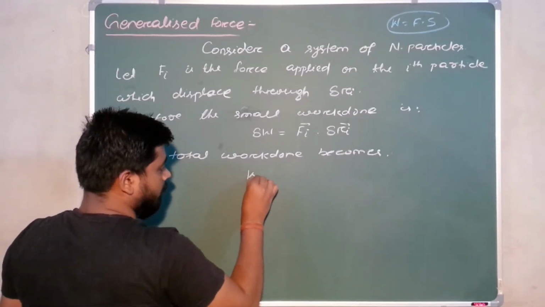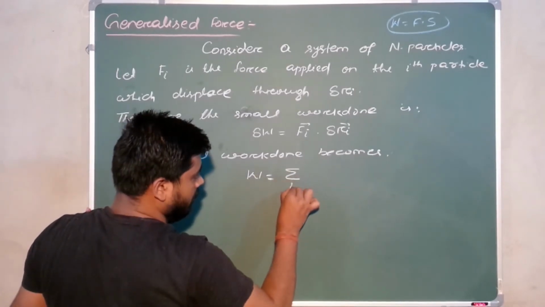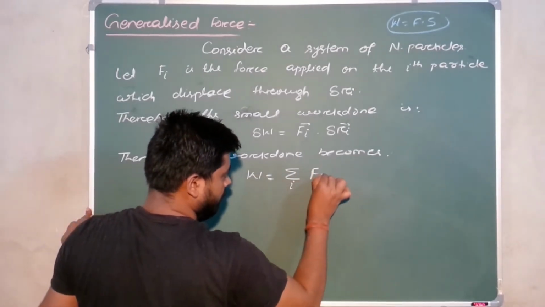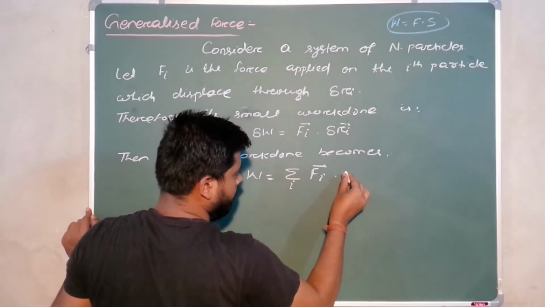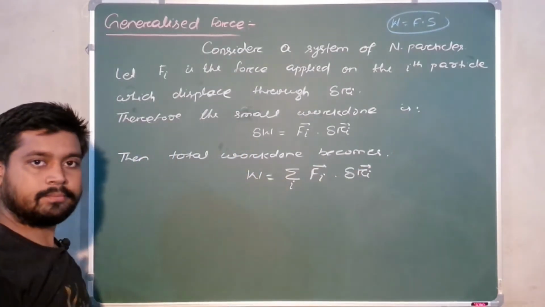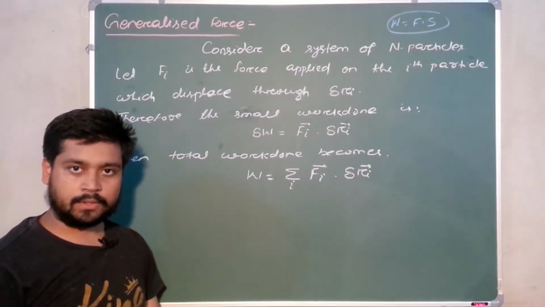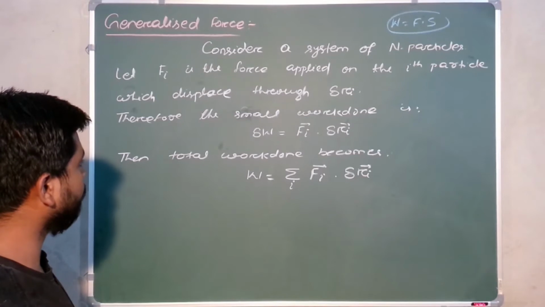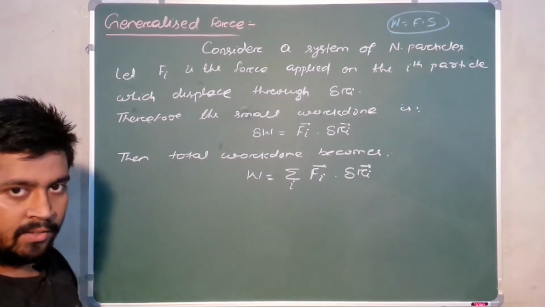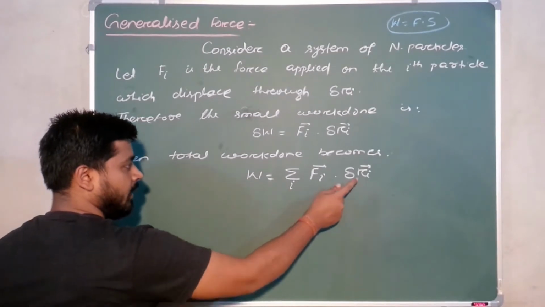That is W. Here the index is i, so just put sum over i Fi dot delta Ri. Yes or no? This is the total work. Then what do you have to do? We have to find the generalized force.